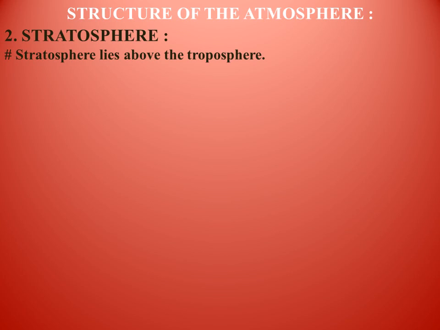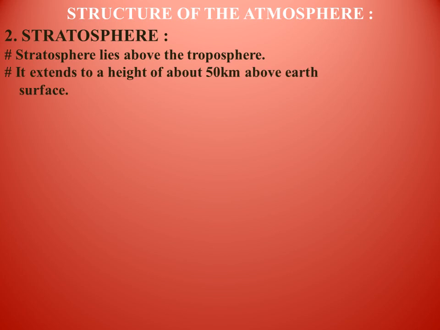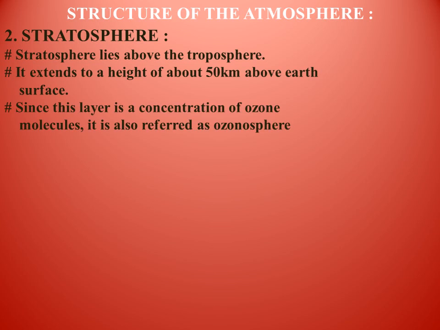Next, we are going to learn about the second layer, stratosphere. Stratosphere lies above the troposphere. It extends to a height of about 50 km above the earth surface. Since this layer has a concentration of ozone molecules, it is also referred to as the ozonosphere.